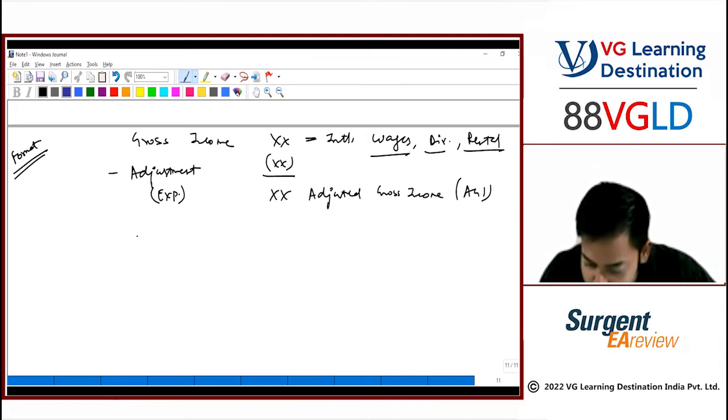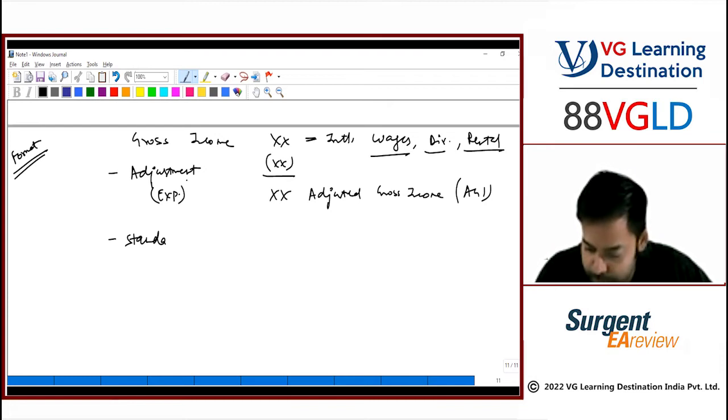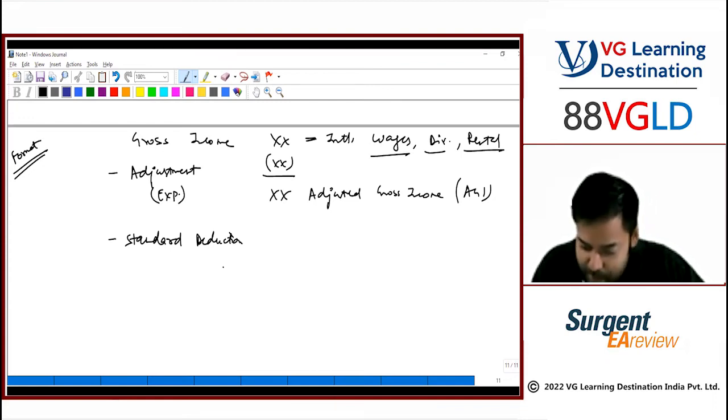From this, we are going to reduce the standard deduction or itemized deductions.